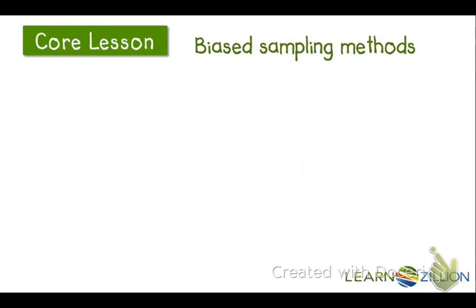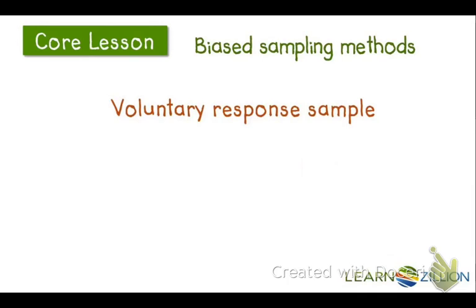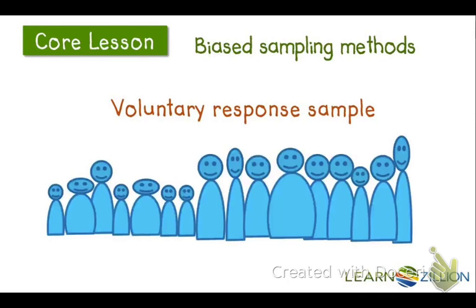Another type of biased sampling method is a voluntary response sample. A voluntary response sample is when members of the population volunteer to participate. Not everyone needs to respond, but there might be some reason that those who choose to respond have done so.